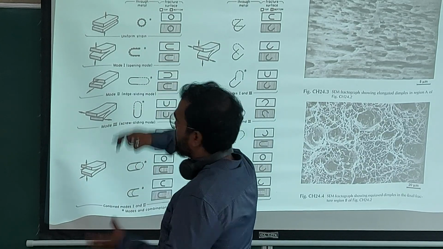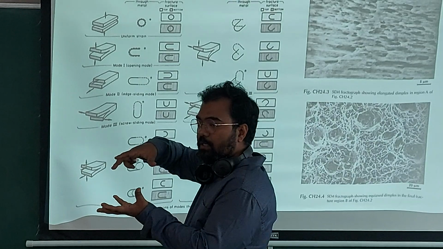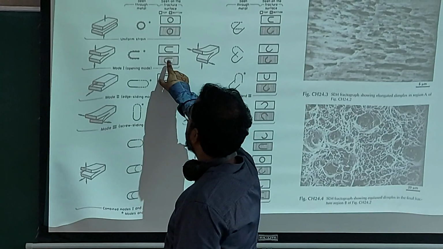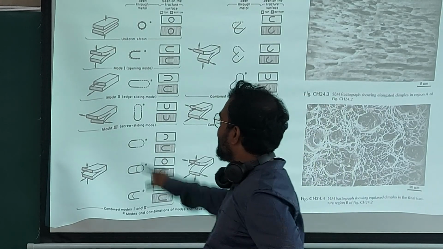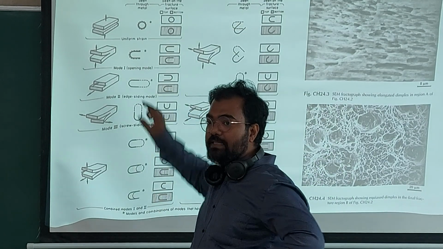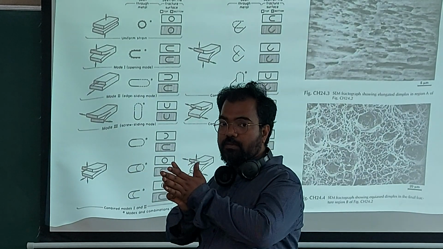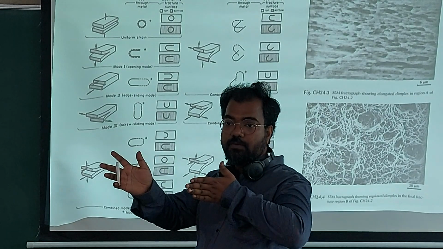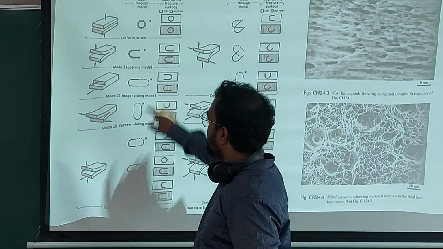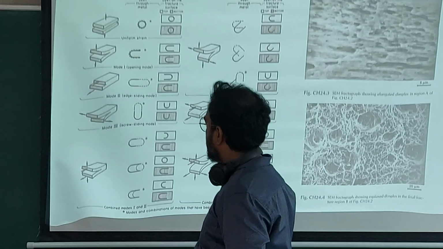This is just a representation that it is opening up in one direction in mode 1, so you will see dimples of the same size on both surfaces. In shear you will see exactly opposite orientation, because the upper surface is moving in a reverse direction to the lower surface. And in mode 2 you will see something like this, and so on.